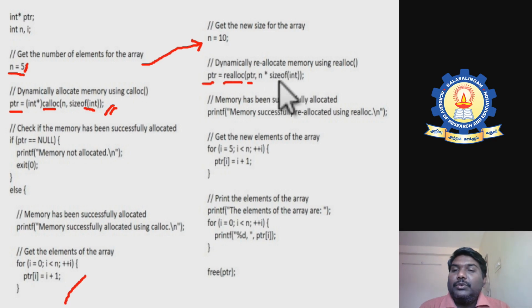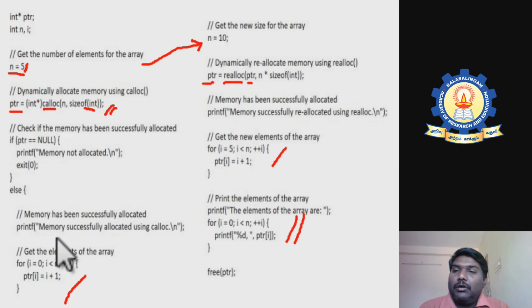The new size here is 10 into 4, that is 40. Previously it was 20, here it is 40. So we have a new size of 40, and now we can do the rest of the operations. From 5 to 10 we have new locations, we assign the new values, and you can just print the result.